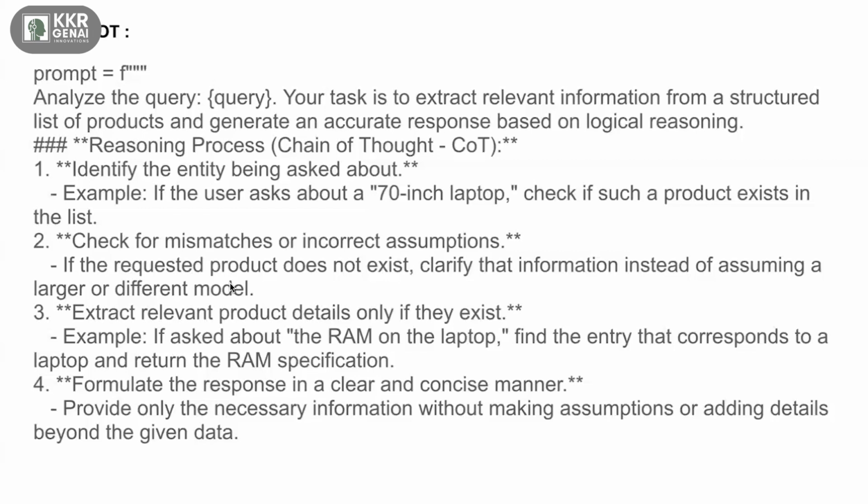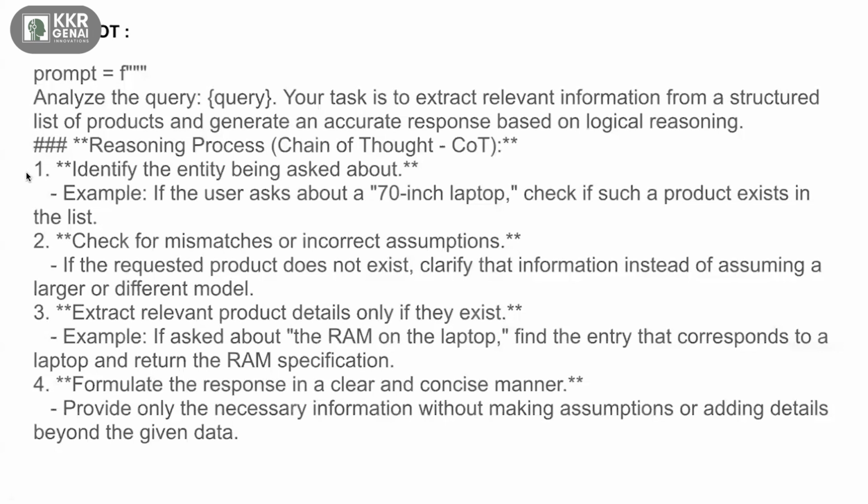Just like someone is asking for a Samsung laptop, but we have a Samsung TV, or I'm asking for a 70-inch laptop instead of a 70-inch TV. I want the LLM to check the mismatches, and if there are mismatches or no clarity on the information, I don't want it to reply to that kind of query. Then it should extract the relevant product details, like the specific RAM, only if they exist, and formulate the response with a clear and concise message.